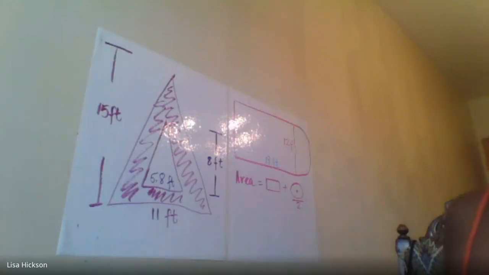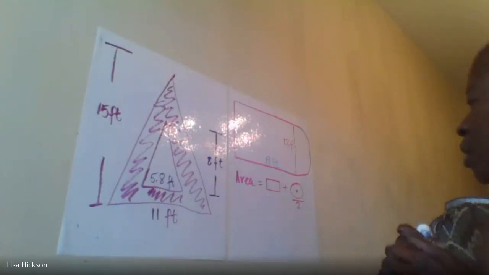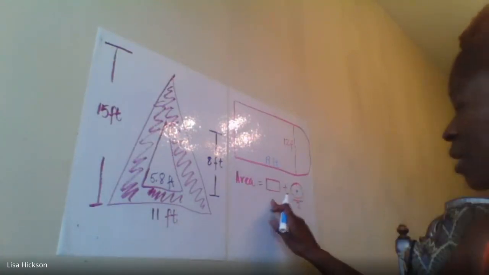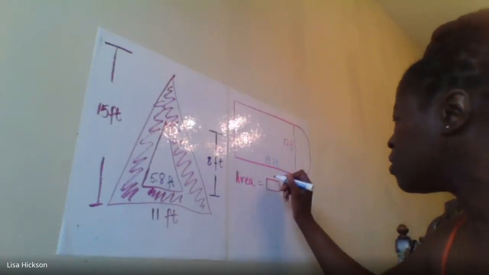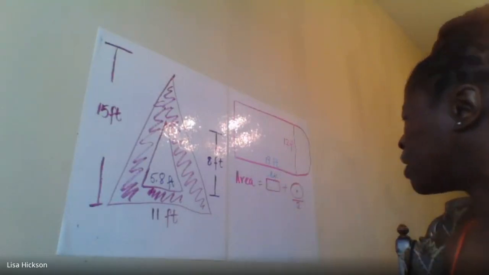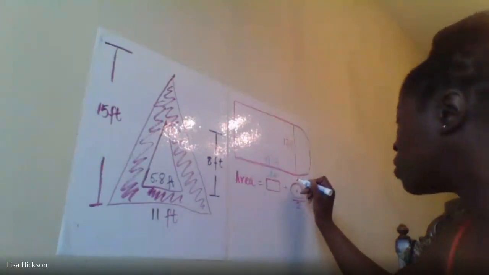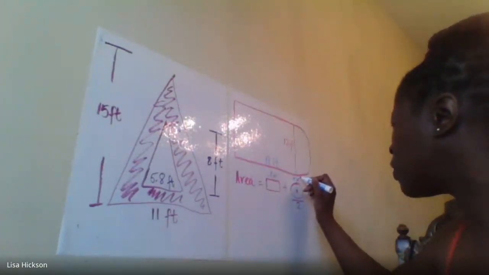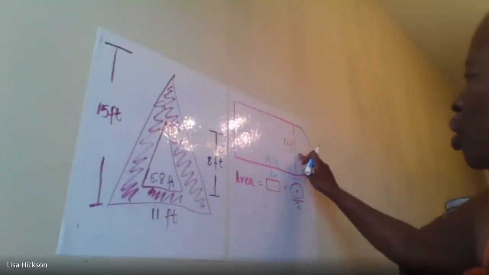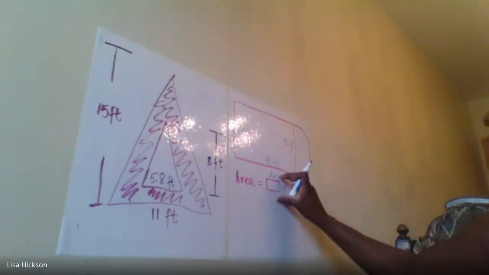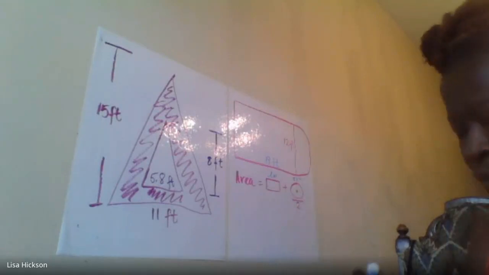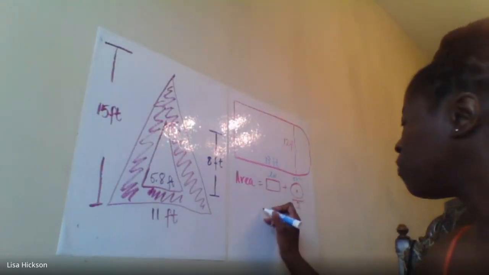All right, so now let's talk about the measurements. So we know, again, the formula for a rectangle is the length times the width. But the formula for the area of a circle is pi times the radius squared. So do we have the measurements we need for the rectangle?